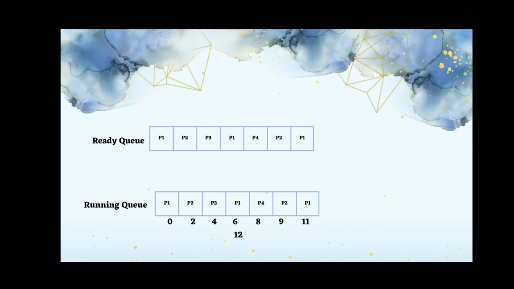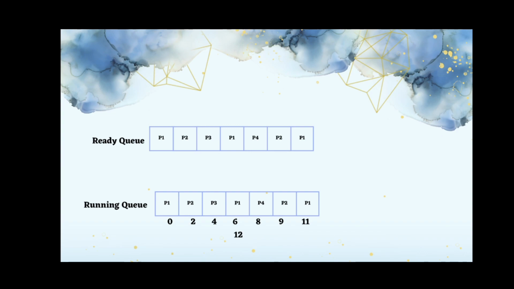Now P3 will be added to the running queue, which will run from 4 to 6 milliseconds according to the time quantum. After that P1 will run from 6 to 8 milliseconds, then P4 will run from 8 to 9 milliseconds because P4's burst time is 1 millisecond.